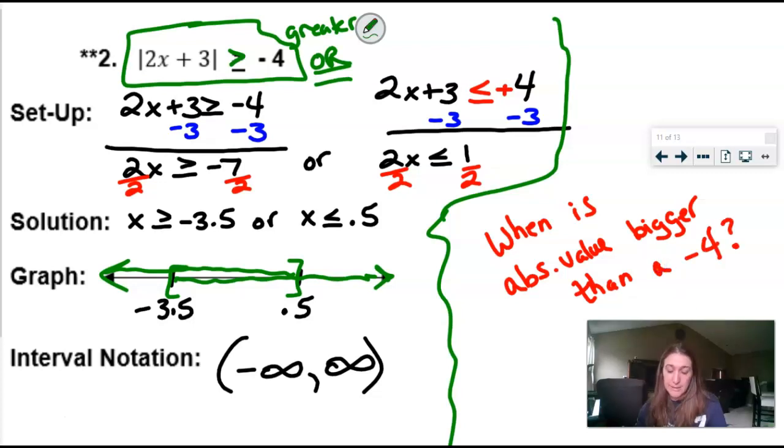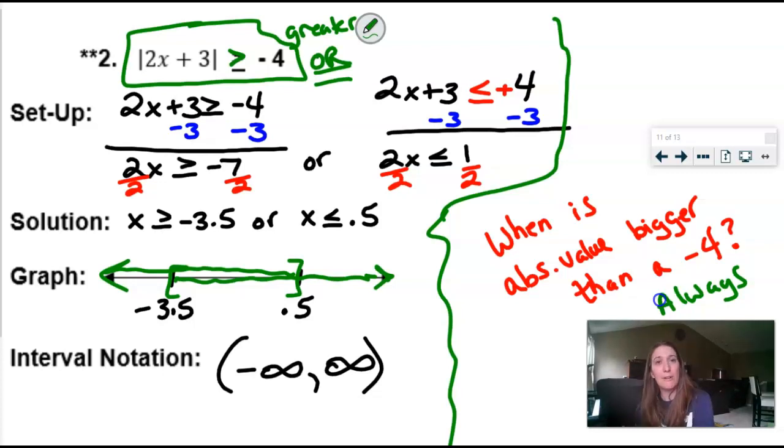And the answer to that is always. Remember, one of those rules was an absolute value of any number is going to come out to a positive value. So when will I get a number bigger than -4? All the stinking time. And that's why the solution comes out to be all solutions from -infinity to +infinity.